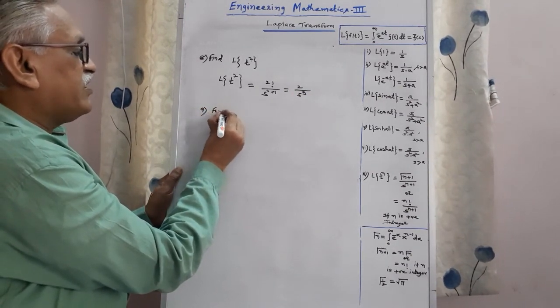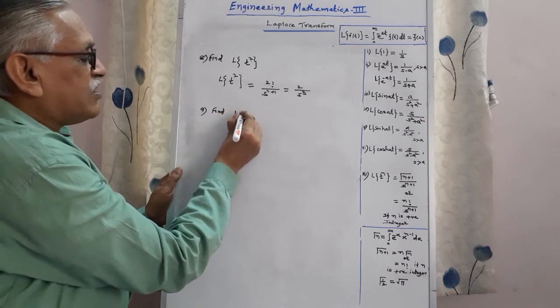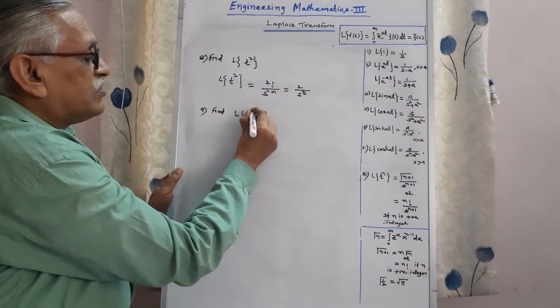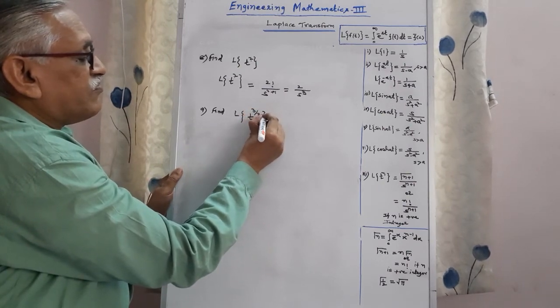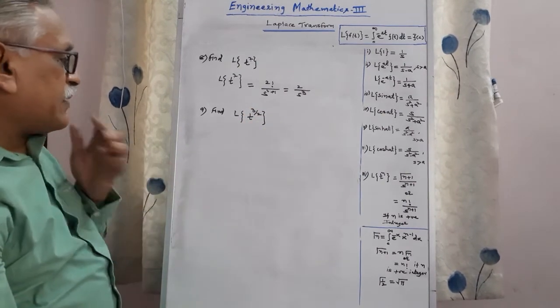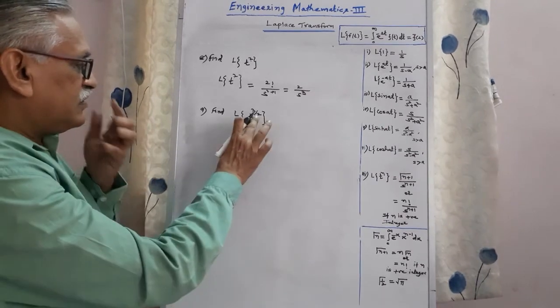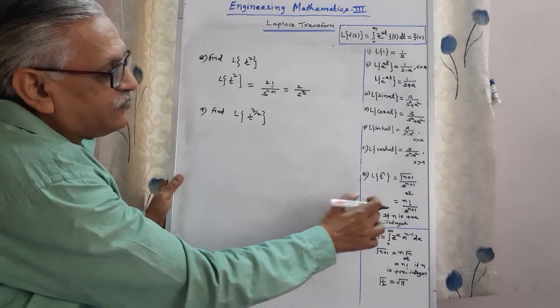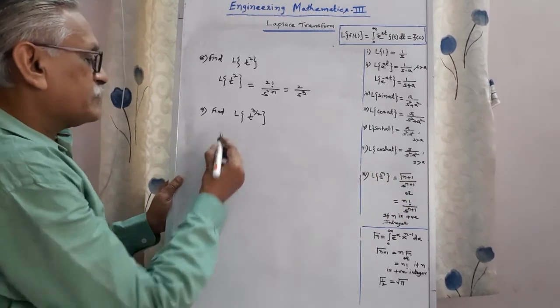Next, find Laplace transform of t raised to 3 by 2. Okay. Here n is 3 by 2, not a positive integer, therefore we have to use this first result.